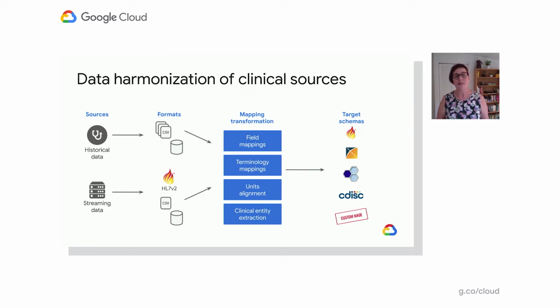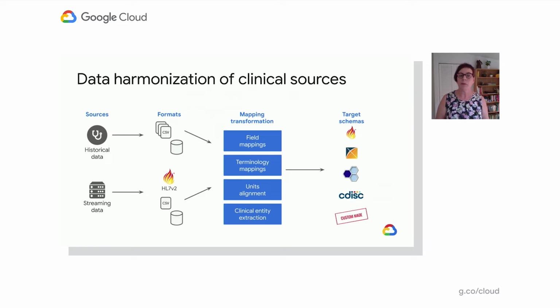The first of these is field mappings, where perhaps you're taking patient_ID in this database over here, you've got MRN, or medical record number, as the name of the field over in this data source, and perhaps you've also got member ID in another data source, and you're trying to harmonize it into, say, the FHIR schema with the patient resource and the identifier attribute. That's field mappings.